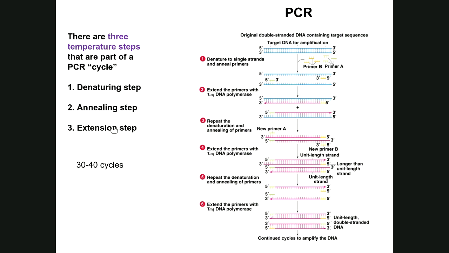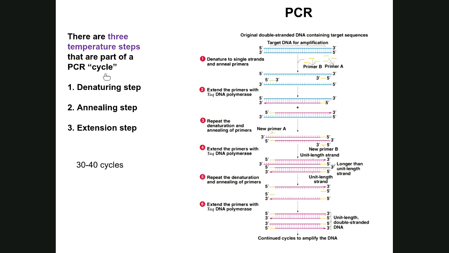So PCR not only requires 5 components in solution that you add to a small PCR test tube, but you also take those components through 3 temperature steps. And you're not going to take them through these steps one time. You're going to take them through 30 to 40 times, or what we refer to as 30 to 40 cycles, sometimes just called a PCR cycle.